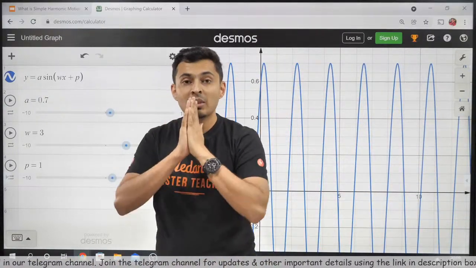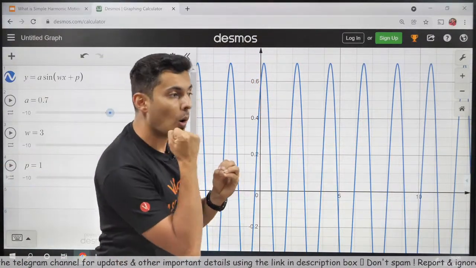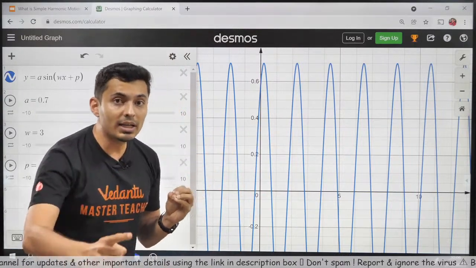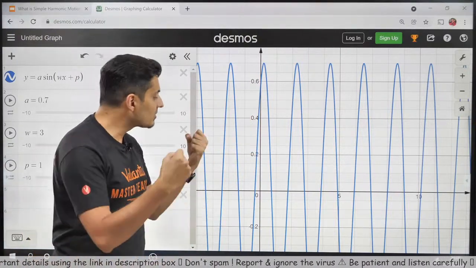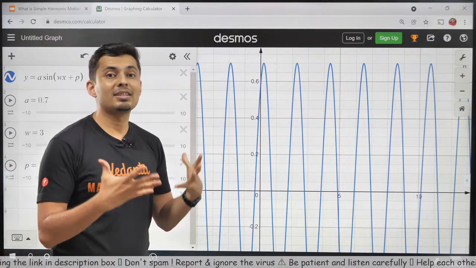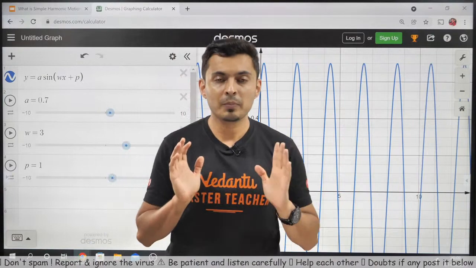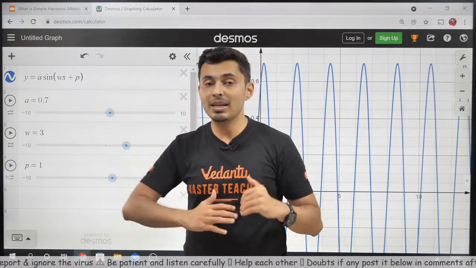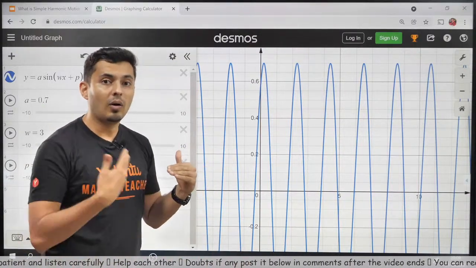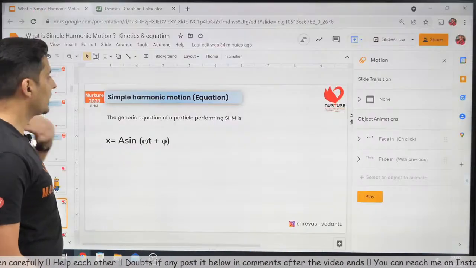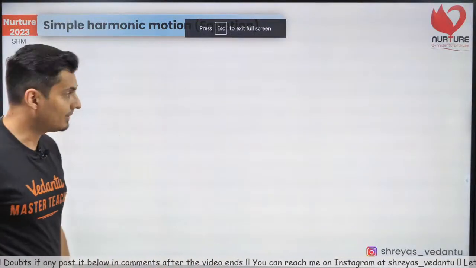What does it mean? When t is 0, you just started observing it. Originally, where was it? Was it at x equals 0.4? Was it at x equals 0? Was it at x equals 0.2? That's what it tells me. Is that understood now? It basically shifts. The moment it shifts, it tells me where it started from. When you started seeing it, was x already there or not? That's all.